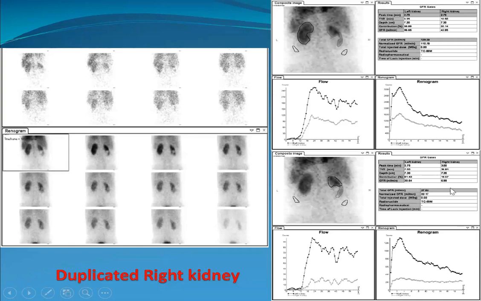And this is the percentage, 18% for the lower moiety and the remaining for the upper moiety. And we can take a region of interest for the whole kidney to calculate the GFR of the duplex kidney. And by multiplying the total GFR by the percentage of each moiety, we can calculate the GFR of each moiety.